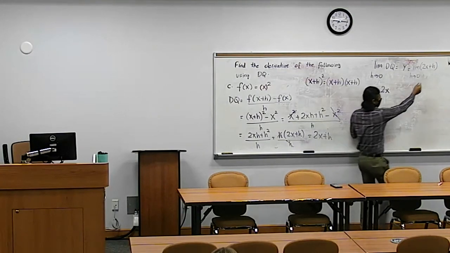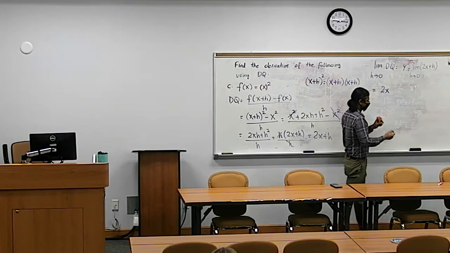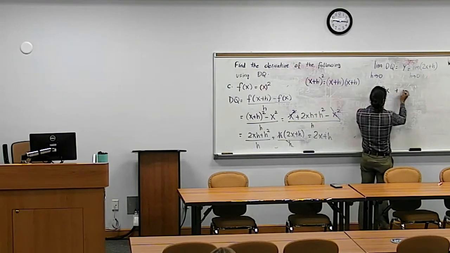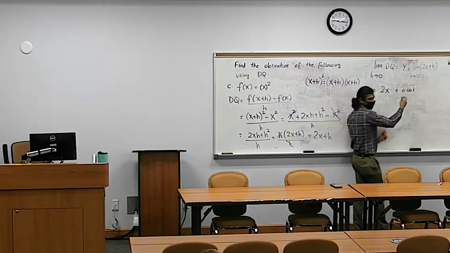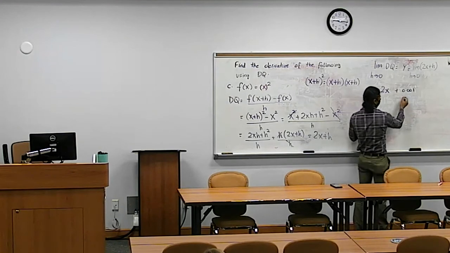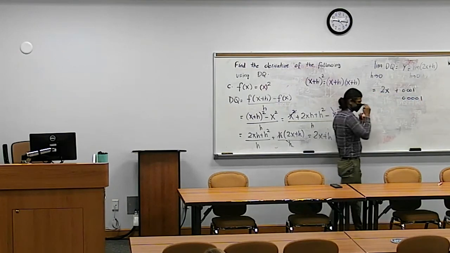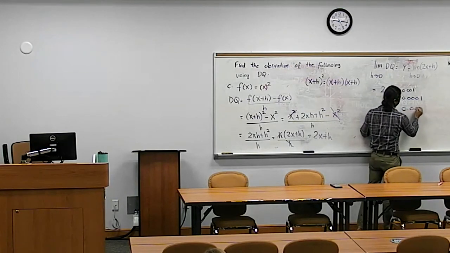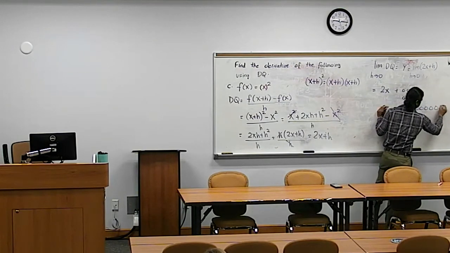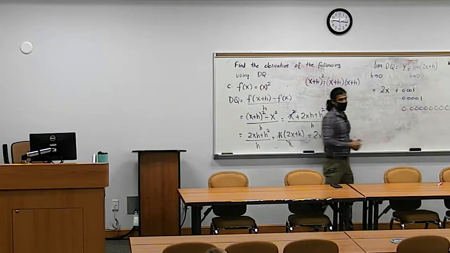This term is going to get smaller too, right? So if you put 0.001, it is going to be 0.001. If it is 0.0001, it'll be 0.0001. If it is 0.00000001, it'll be the same, right?